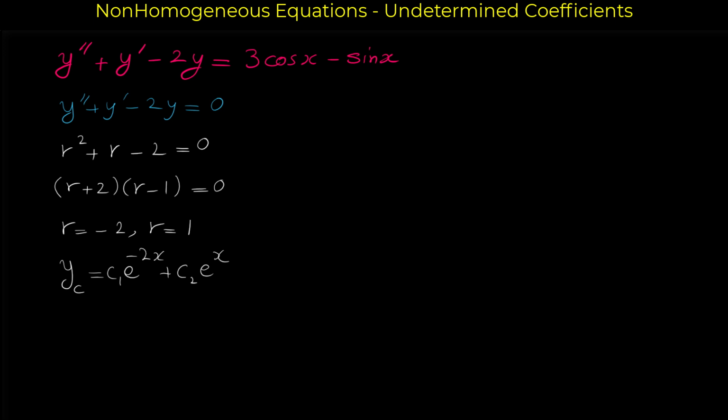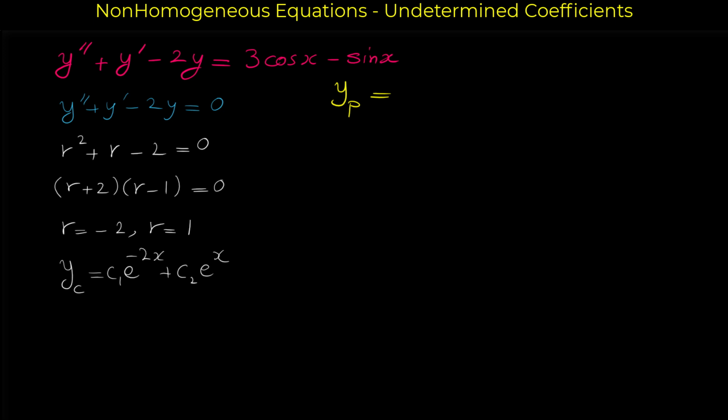Now for finding the particular solution, we have to look at the right side of the equation. Note that on the right side we have trig functions, sine and cosine. And remember that the derivative of these types of functions, sine and cosine, is again sine or cosine with some negatives.